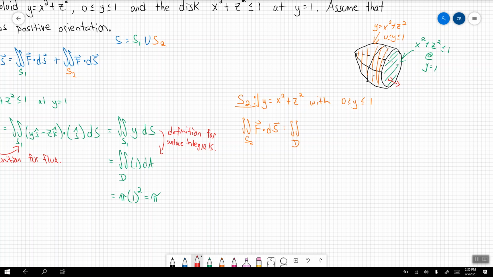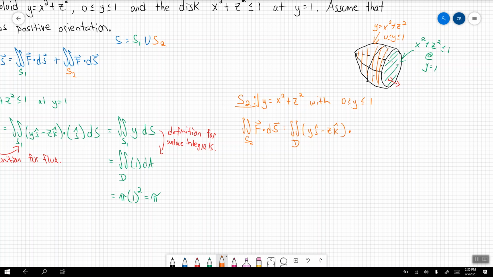So I'm going to bypass that whole definition for flux, and I'm going to go straight to embedding the definition for surface integrals. Once I'm able to do this, I'm then going to get my function here, which is my vector field function, which was that y in the j component minus z in the k component.